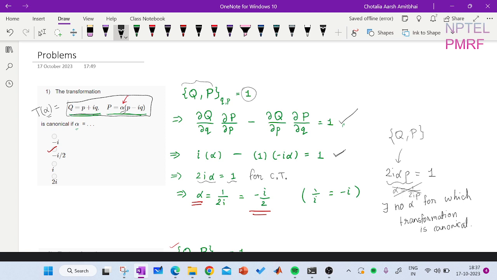We have treated alpha as a constant in deriving this. When we say the derivative of capital P with respect to small p is alpha, we are assuming that alpha is a constant. So this equation cannot be solved by any constant alpha, which means there is no canonical transformation for any value of alpha. Does that clear your doubt?